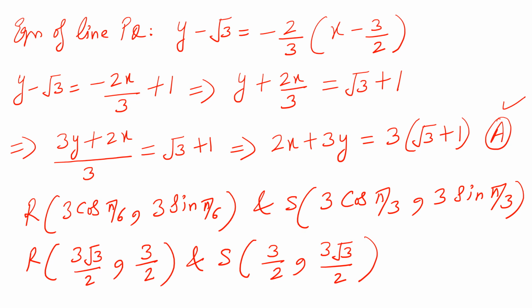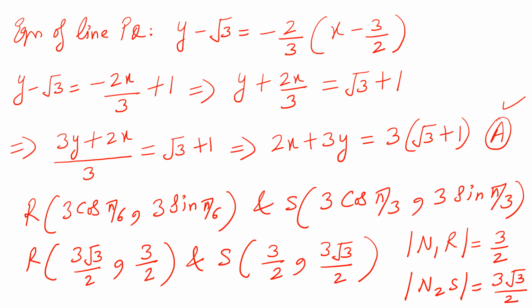Now the value of mod of N1R, that means the length of the line segment N1R, is nothing but the y coordinate of the point R, which is equal to 3 by 2, and the value of mod of N2S, which is nothing but the length of the line segment N2S, is the y coordinate of the point S, and this is equal to 3 root 3 by 2.